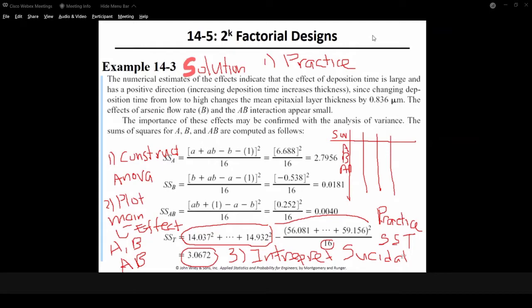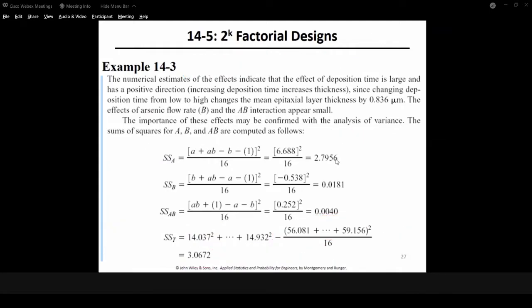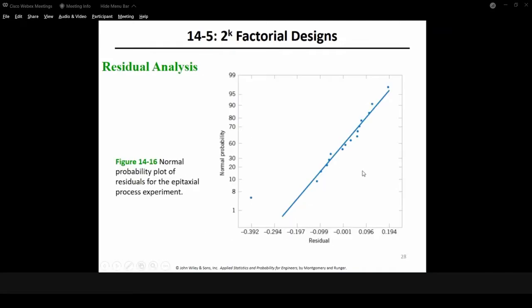Okay. I think I've given you 3 practice questions. For residual analysis, you can do this using the 2 by 2.